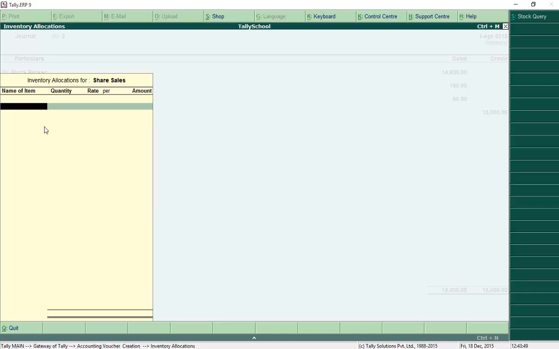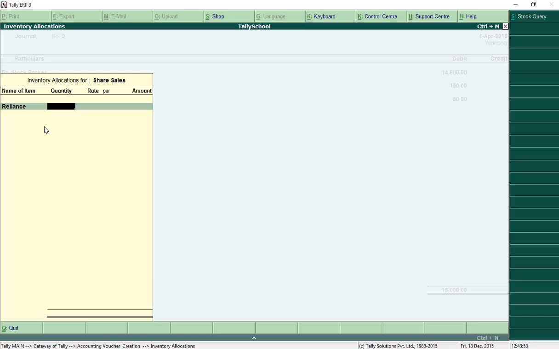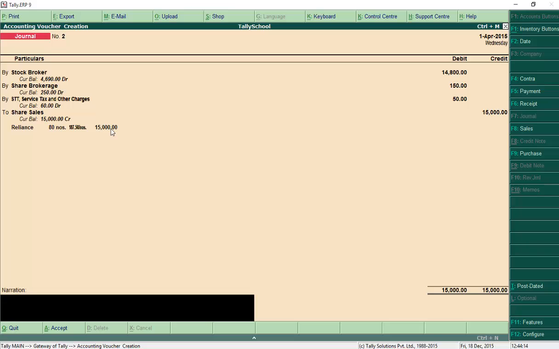So now we'll select Reliance, and we have sold, let's say, 80 quantity at 15,000 rupees in total. So it will automatically take the rate per number, that is 187.5, and press enter.